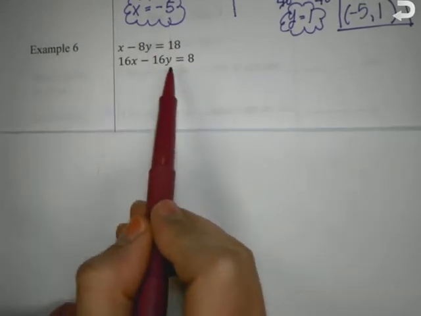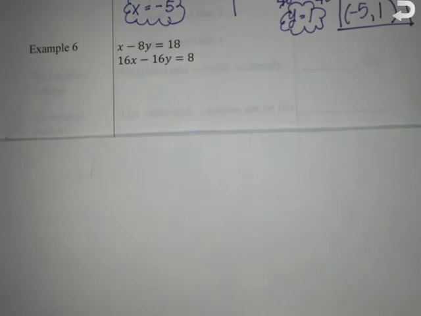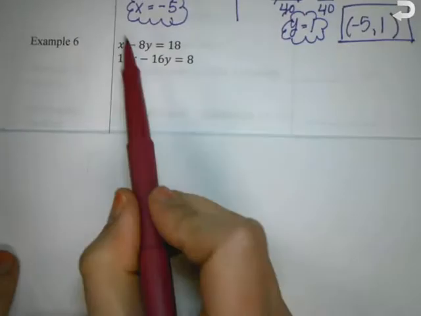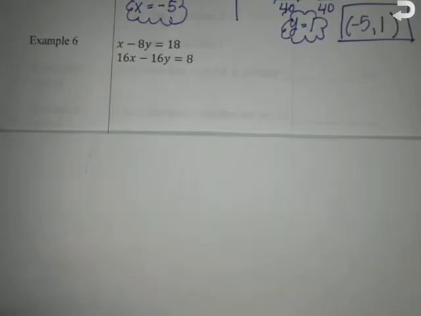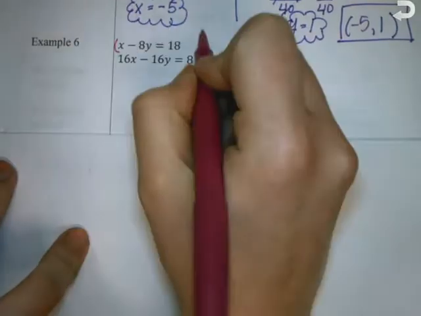Okay, so we need to get this negative 8y to become a positive 16, right? So we multiply by negative 2. So multiply by negative 2 here. Distribute it in. So what's that going to give me?